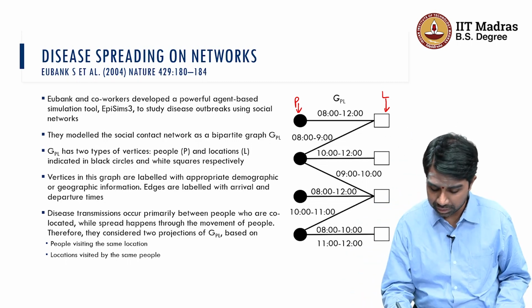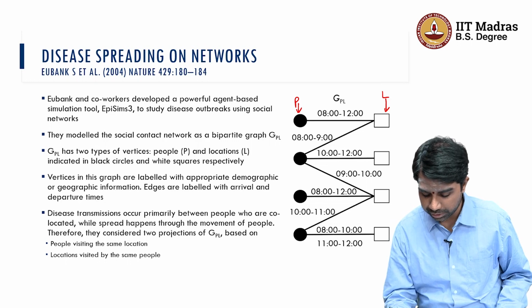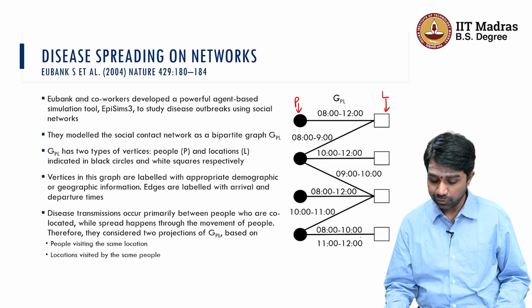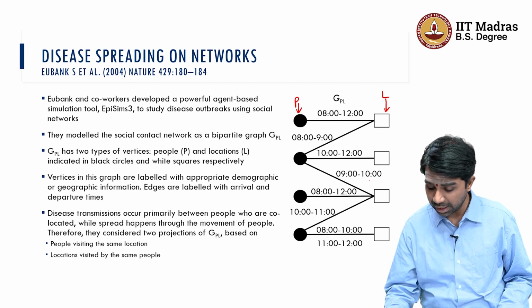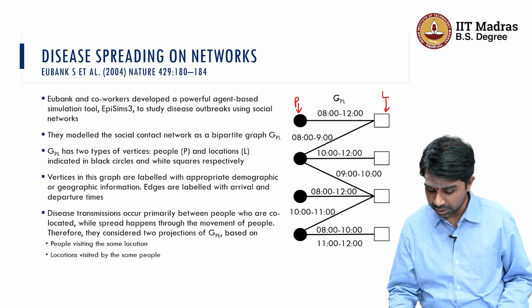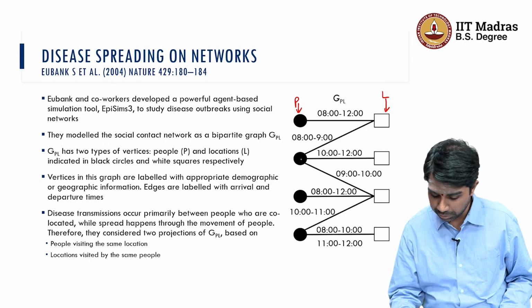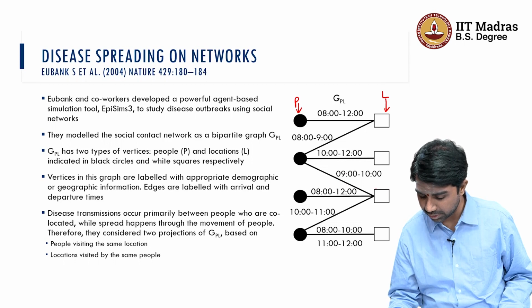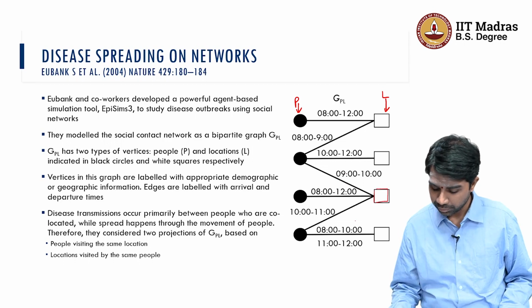So you have these dark circles which represent people. So there are 4 people who visited 4 locations. But if you see, is there an overlap, right? So you see that these 2 people overlapped between 9 AM and 10 AM at this location, right?